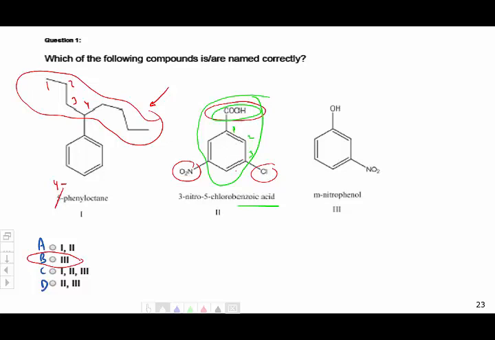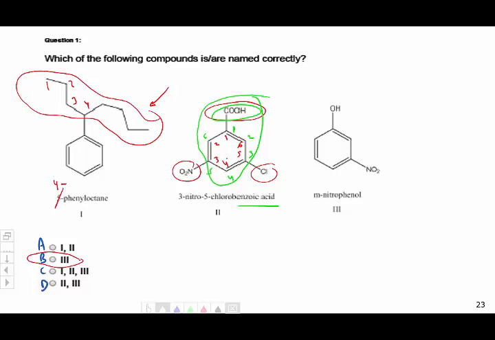If I go 1, 2, 3, 4, 5, 6, or I can go 1, 2, 3, 4, 5, 6. So if I'm going the green way, 3 for the chloro, 5 for the nitro. If I go the red way, 3 for the nitro, 5 for the chloro. Both ways will give me the same numbers for the substituents.